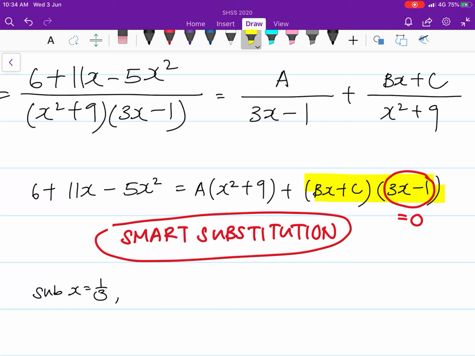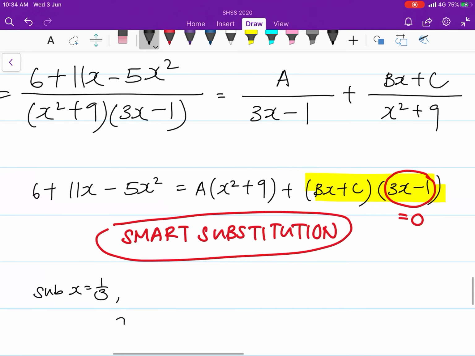So it's 6 plus 11 times 1/3 minus 5 times 1/3 squared. I get 9 and 1 over 9 on the left side, equals a bracket 1/3 squared plus 9.